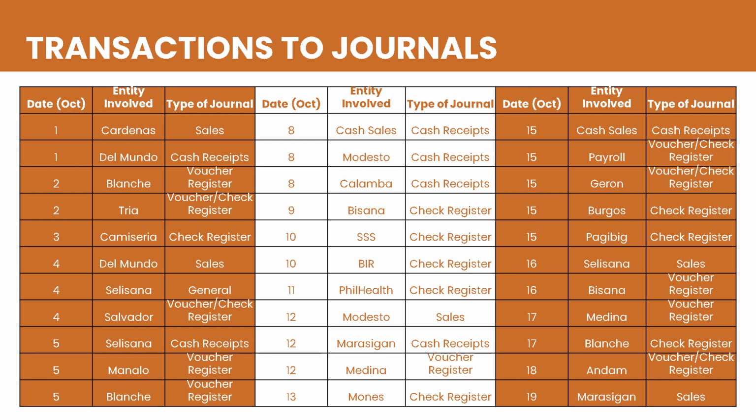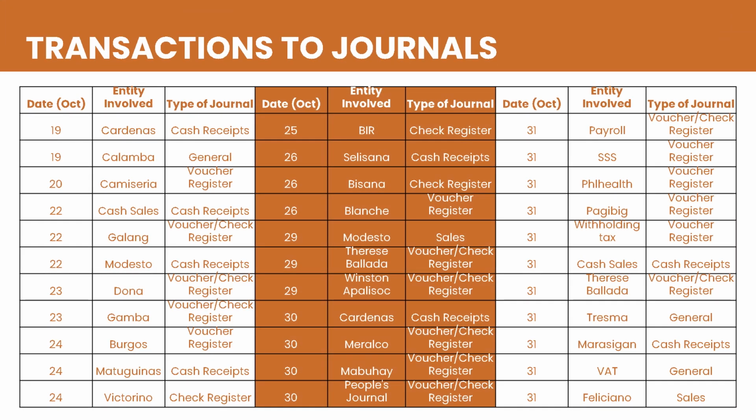So, itong mga nakalista dito, they are the transactions dun sa chronology of transactions natin, kung ano yung date nila, kung sino yung mga entity na involved, nakatransact ni Kashato for that specific transaction, and yung type of journal kung saan sila dapat nire-record. Okay? So, this is the first part. So, yung second part naman ay ito. Overall, I think we have 66 na transactions here.